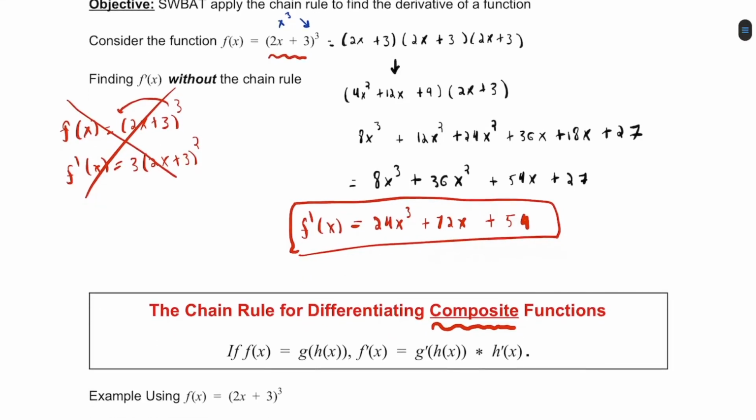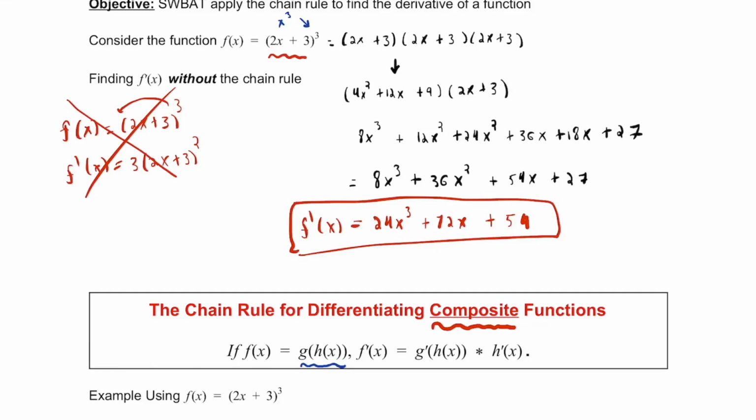And the chain rule says if you have f of x, where f of x is equal to, I'm going to read this out carefully, g of h of x. Whenever you read one of these and there's two ofs, that's how you know you've got a composite function.